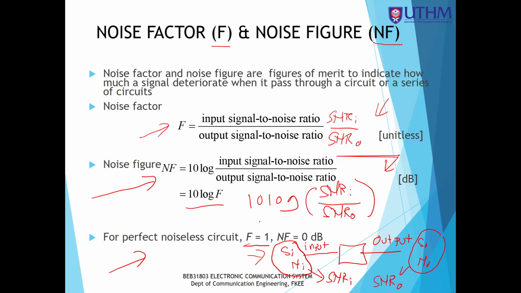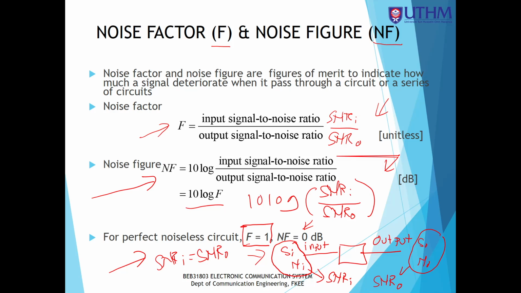Ini bermaksud SNR I sama dengan SNR O for the perfect system, yang mana dia tidak wujud dalam dunia sebenar. Cuma dalam theoretical concept sahaja. So therefore your noise factor F bersamaan dengan 1. So kalau you buat 10 log 1, you akan dapat 0 dB for the noise figure.